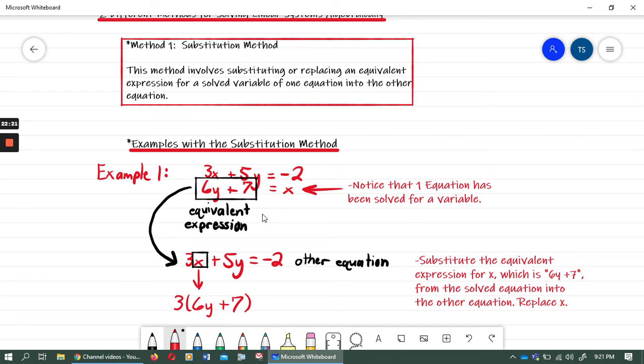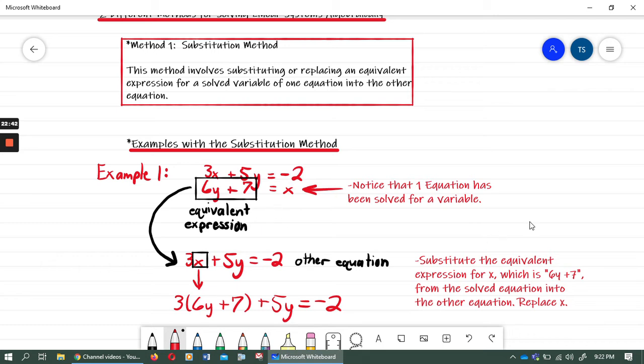So we've now replaced the x. Instead of having x beside the 3, multiplied times the 3, now we've got 6y plus 7, that equivalent expression. And we're just going to bring down the rest of this. Still got the plus 5y, still got the equals -2.